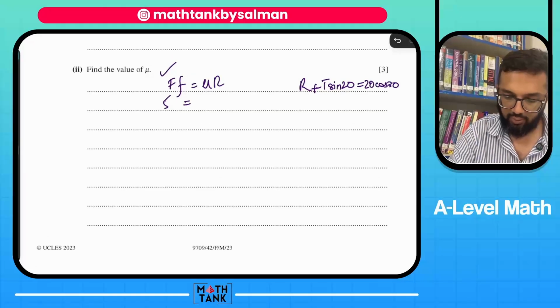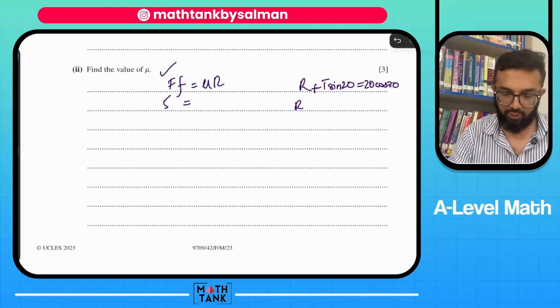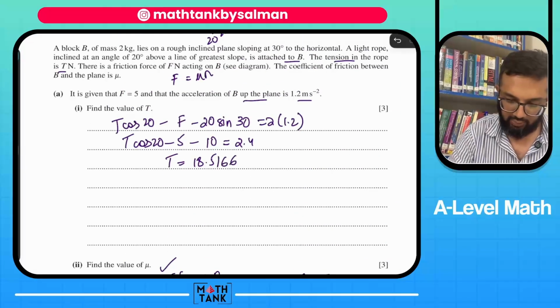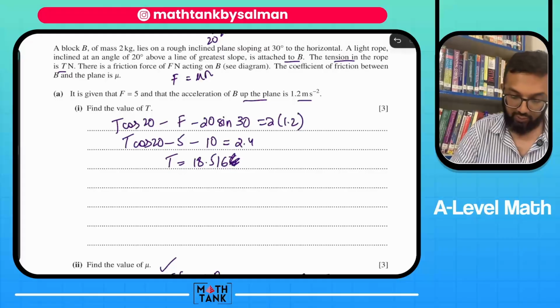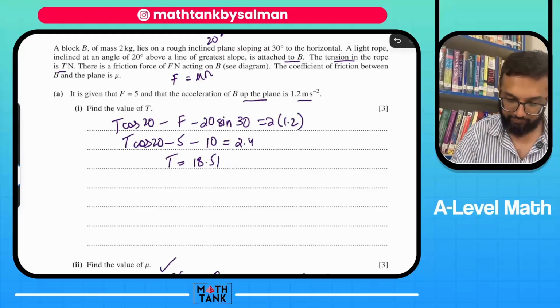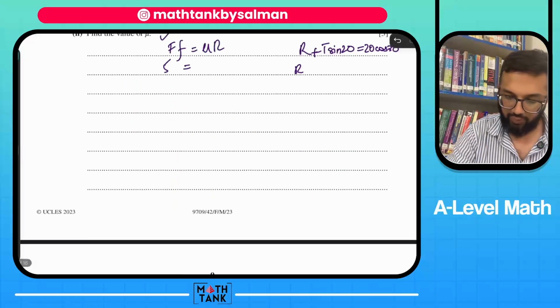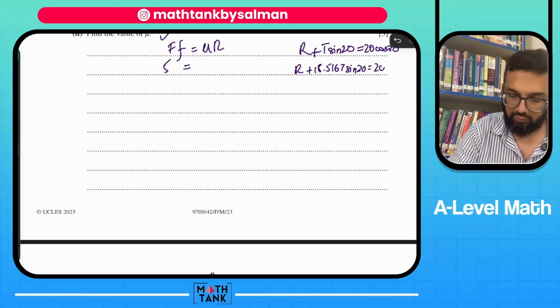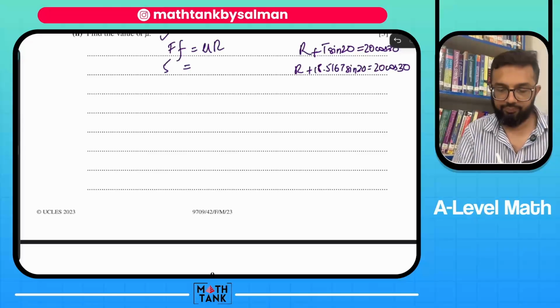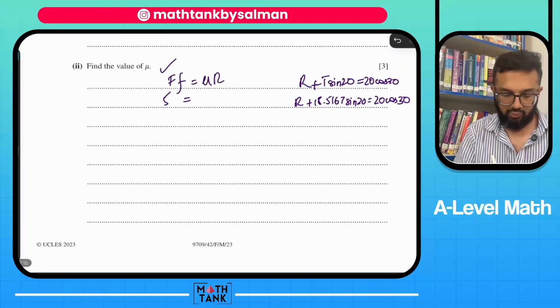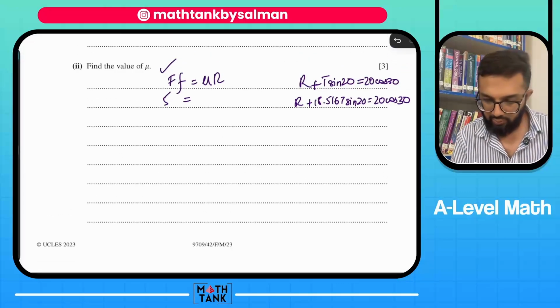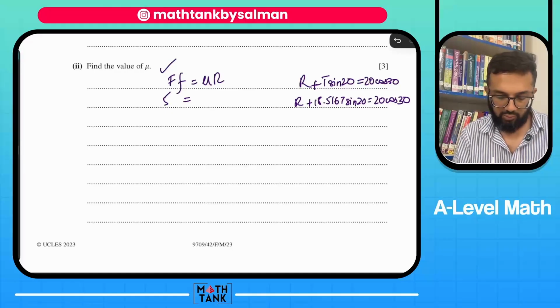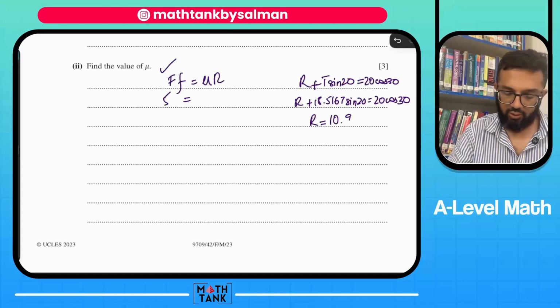Now that I found T, it was 18.5167. So R is 10.7.